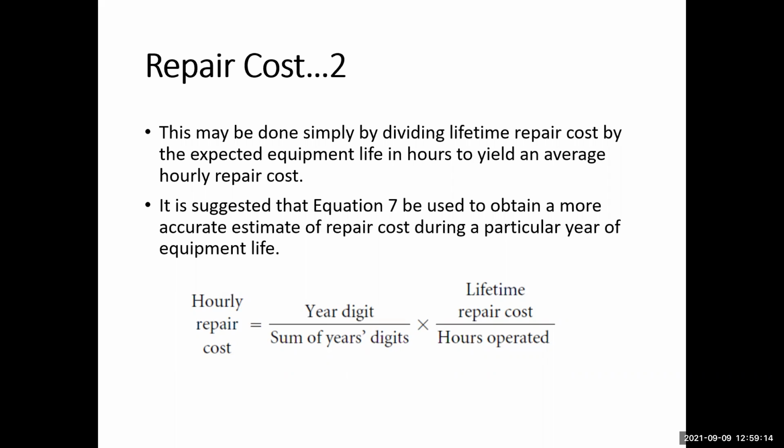Okay. So my point was that the repair cost by using this formula will be calculated, and the year digit will be used in the ascending order. For example, for year 2, it will be 2 over here. We use a similar formula in depreciation in the sum of the years digit method, but over there the year digit was used in the descending order.